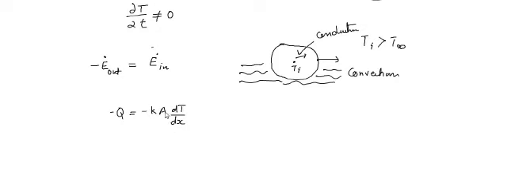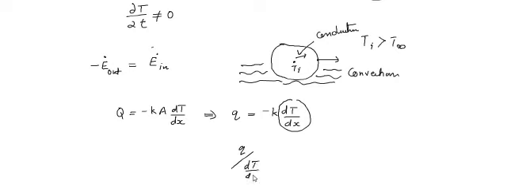If you neglect A, then the heat flux q will be equal to minus k dT over dx. We'll keep the negative. So in the absence of a temperature gradient, let us see what happens: q over dT over dx equals negative k.